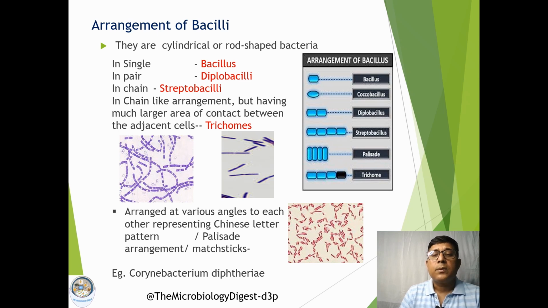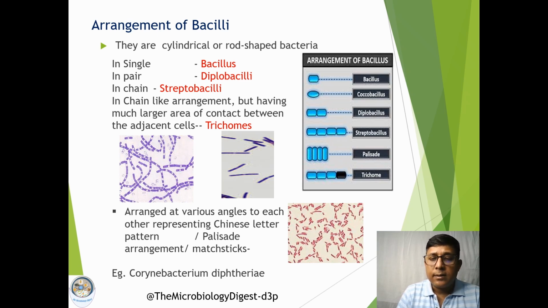So bacillus, when it occurs singly; when it occurs in pairs, they are diplobacillus; when it occurs in a chain, they are streptobacillus. Then when it occurs in a chain again, but the area of contact is more, that is called trichomes.